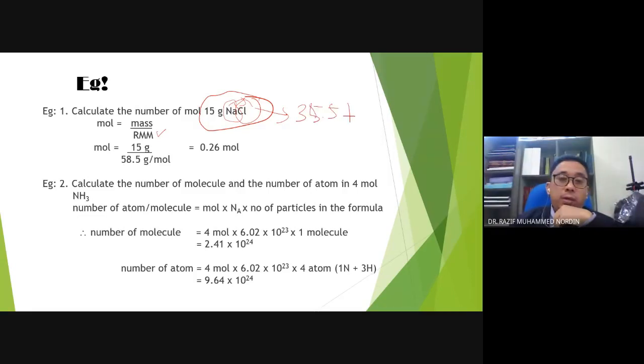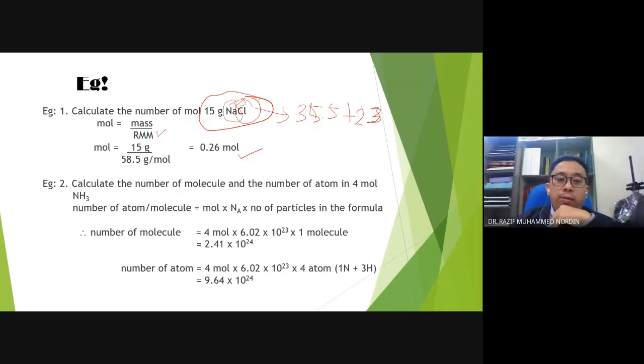So for sodium, maknanya berapa tu? 23. Okay. And then I just use a calculator. You akan dapat 0.26 mole.